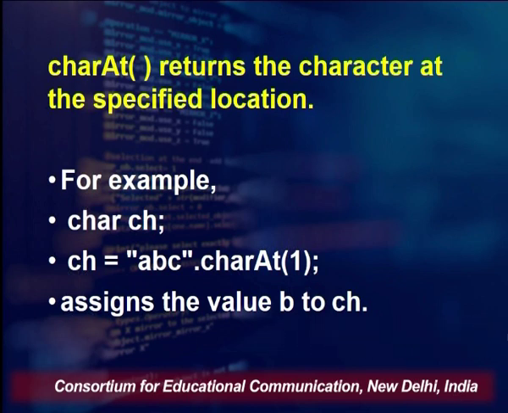It is very simple to understand that we are looking for the character at the first position, and as counting in strings starts from 0, the first position belongs to B. So ch will be assigned the value of the character B here. So this is what your char at is.